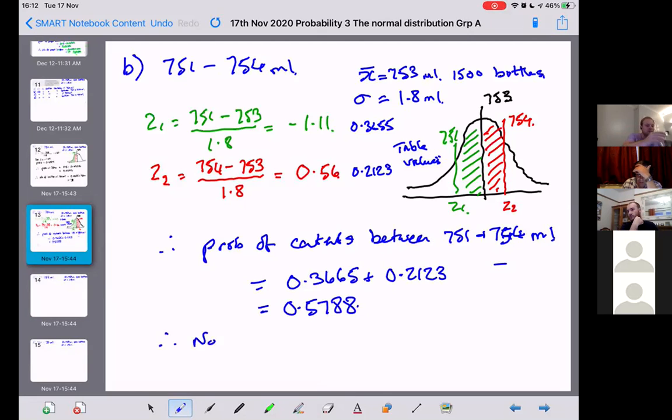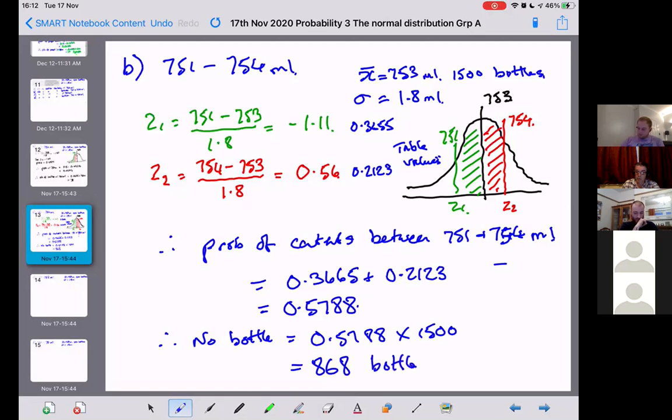Therefore, the number of bottles equals 0.5788 times 1500. What you got? 868. 868 bottles to the nearest bottle.